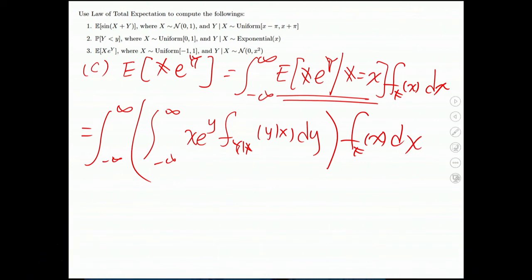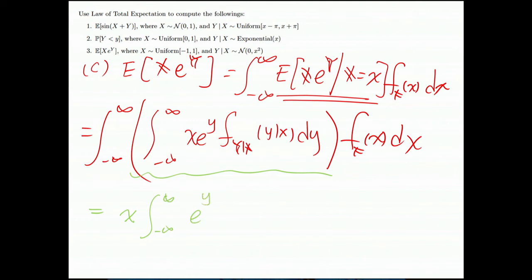Now we need to find what this is. Since it's dy, I don't need the x, so I put the x outside the integration.